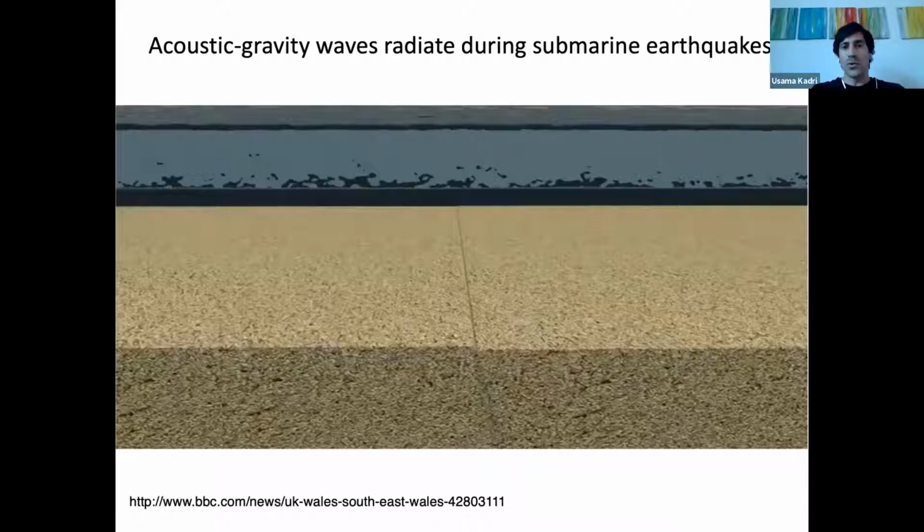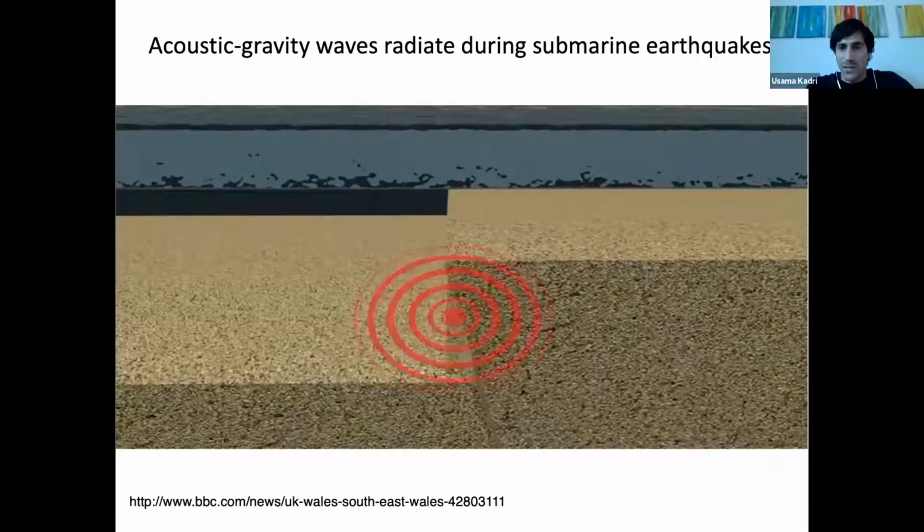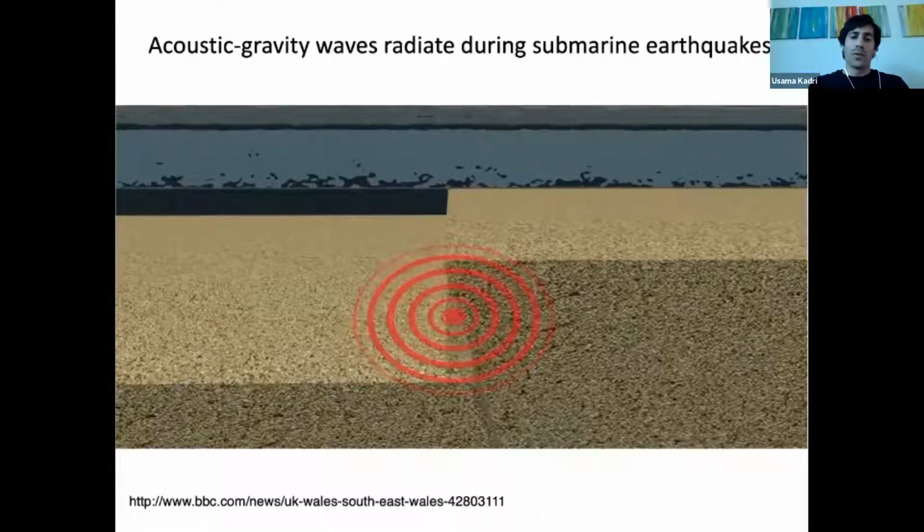One of the places where you need that is when you have a submarine earthquake. The fault in the submarine earthquake can be tens of kilometers, even hundreds of kilometers in length. That generates very long wavelength waves. The frequency is very low. At these lengths, gravity could modify the properties of the generated waves.